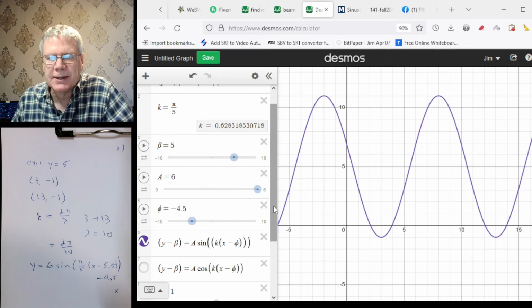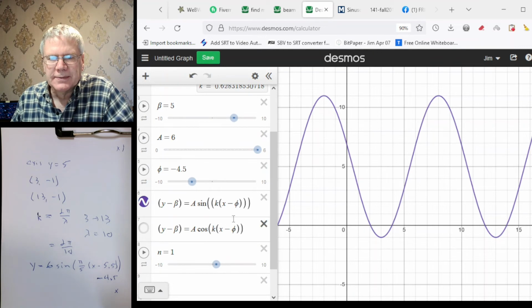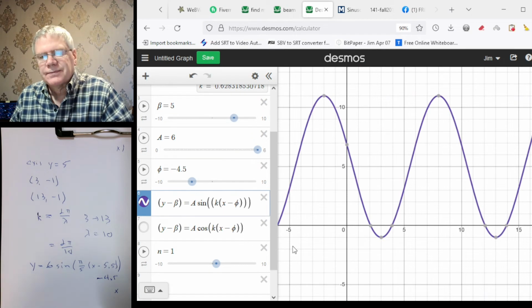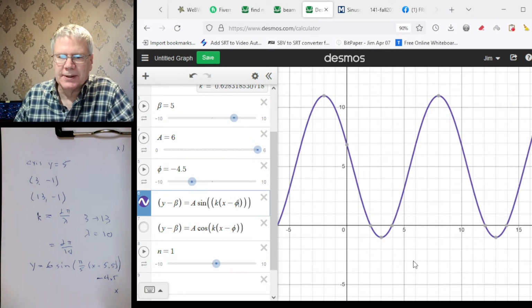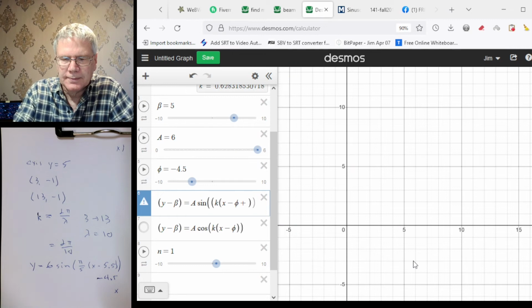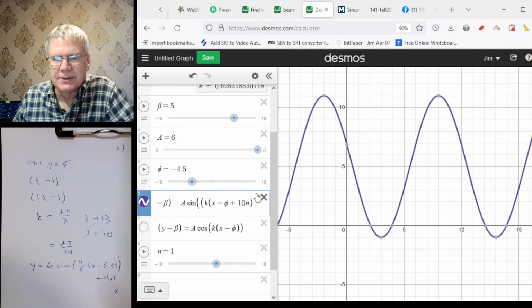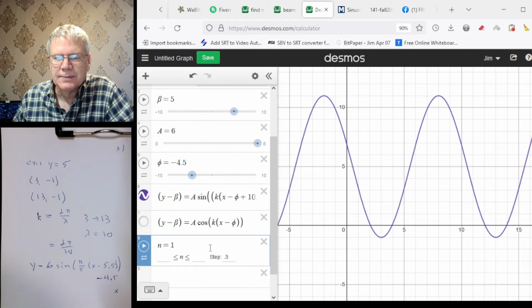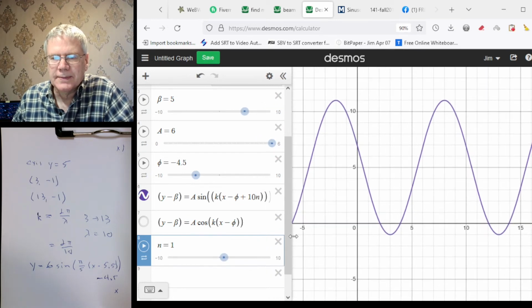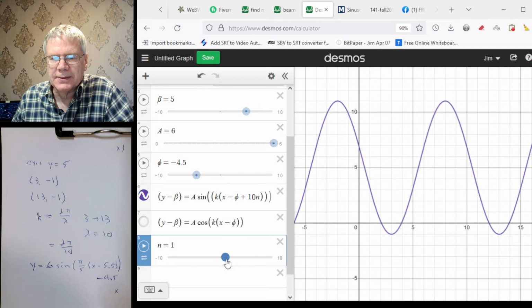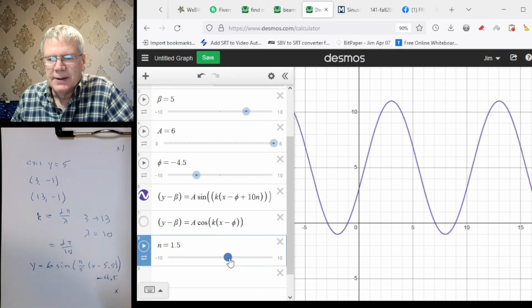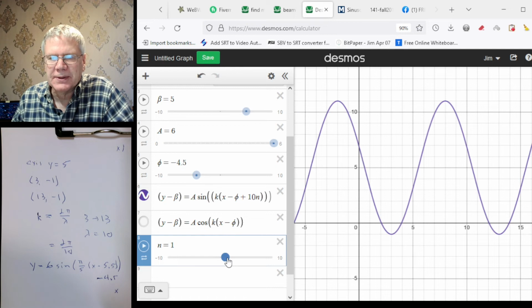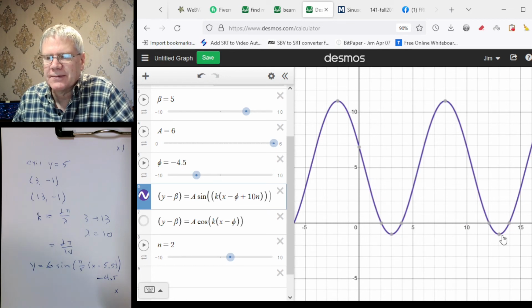It doesn't really matter. And in fact, this distance is 10, so I can add any multiple of 10 that I want. See, this is 1.5, it's not a multiple of 10, but if I go to 2, so now I'm adding 20. So I can shift this by one complete wavelength of 10, left or right.